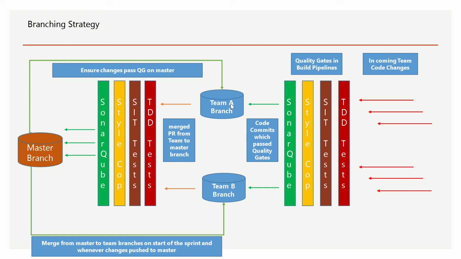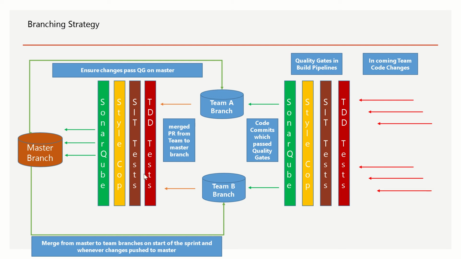And even from the team branch, once a pull request has been raised, the approver should approve the pull request in order to facilitate the propagation of changes to the master branch. And the changes should once again pass all these quality gates. If due to some reason it fails any one of these quality gates, the developer has to look into it and correct it. This way, the master branch will always be consistent, my dear friends. There is no question of breaking the master branch because we are taking so many precautions in the early stages of the development itself.